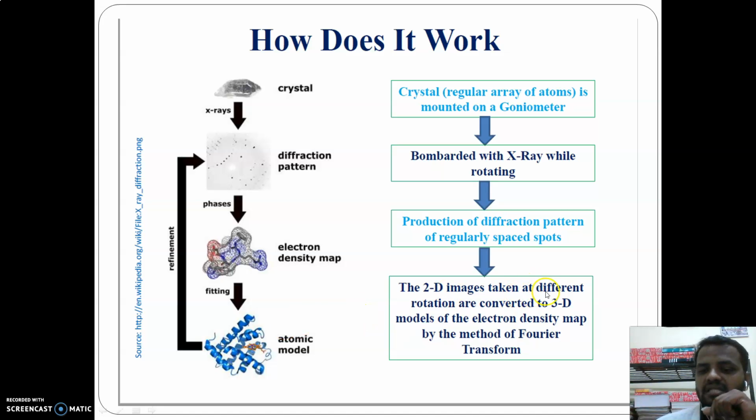The 2D images taken at different rotations are converted into 3D models of the electron density map by the method of Fourier transform. These are the software applications by which we can postulate what exactly the crystalline components, that is the atomic layers, may look like.